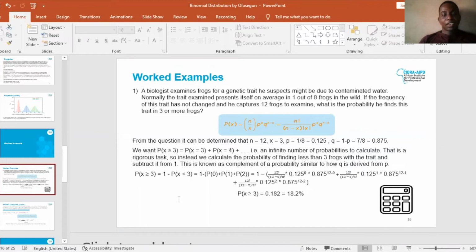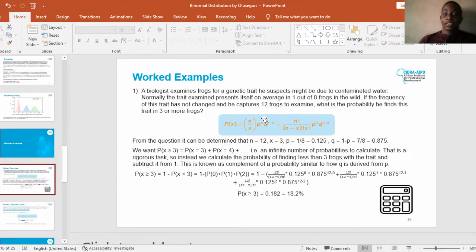Normally, the trait examined presents itself on average in 1 out of 8 frogs in the wild. If the frequency of this trait has not changed and he captures 12 frogs for examining, what is the probability he finds this trait in 3 or more frogs?